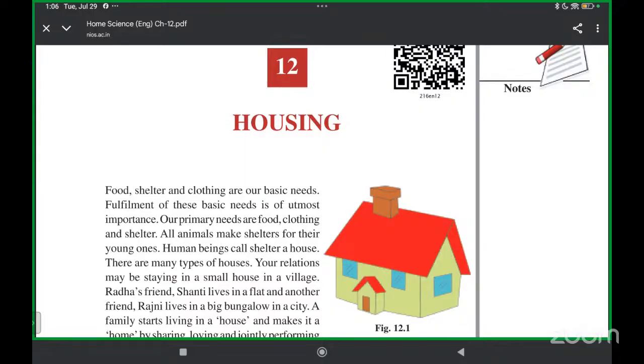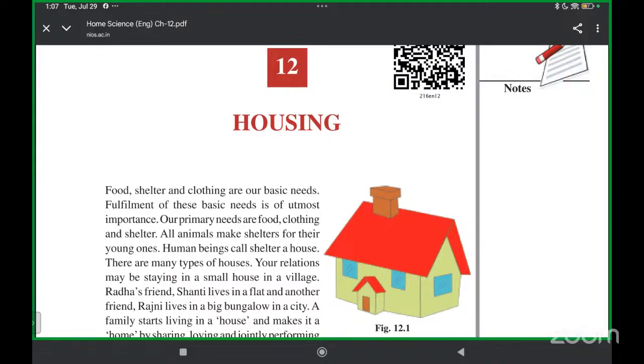The basic necessities needed for a human being to live are food to eat, clothes to wear, and shelter, which means a place to cover his head, a place to live. These are basic needs, primary needs.